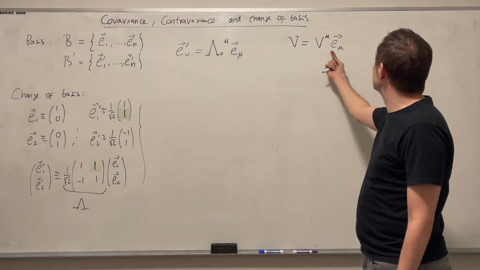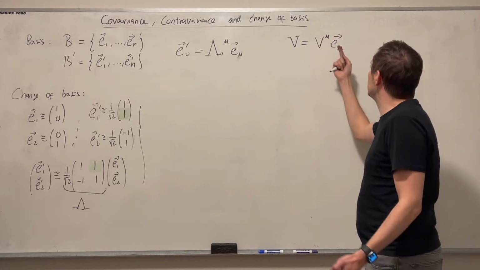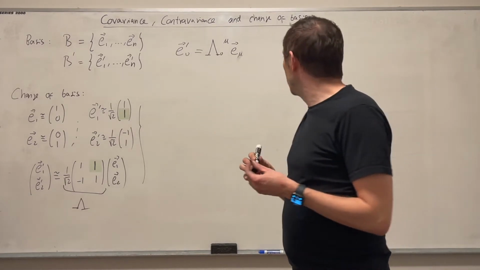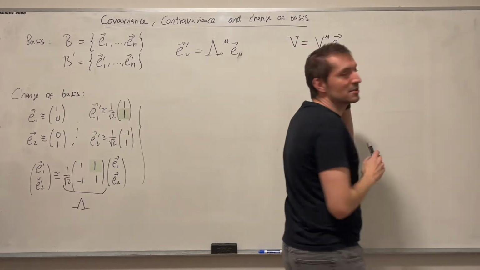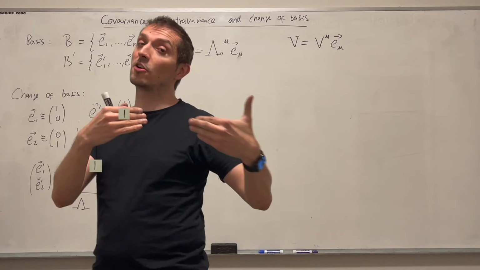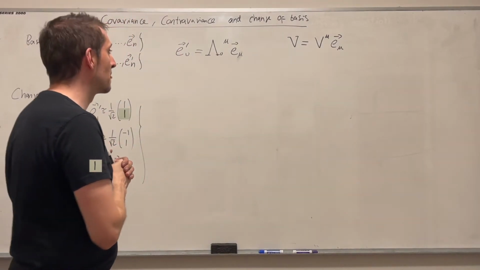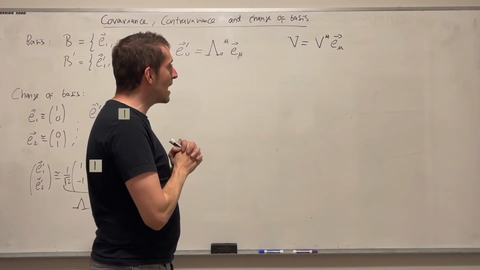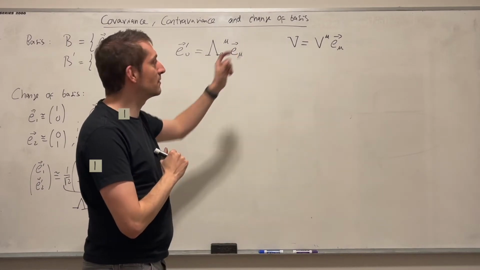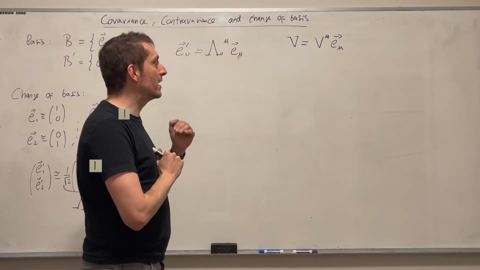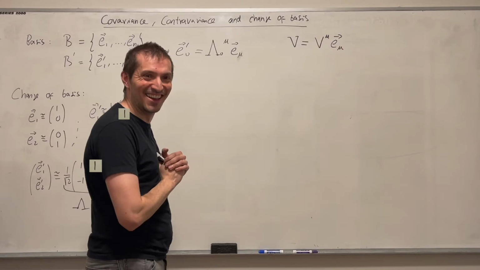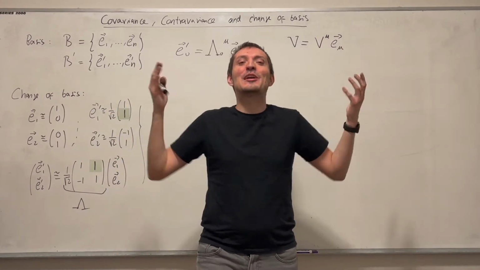In the old basis, components without prime, v mu e mu. A vector can be written as a sum of the elements of the basis with some proportionality constants, as a linear combination of elements of the basis. Now, what happens if I change basis? What happens to the vector v? And the answer is nothing. The change of basis does nothing to the vector.